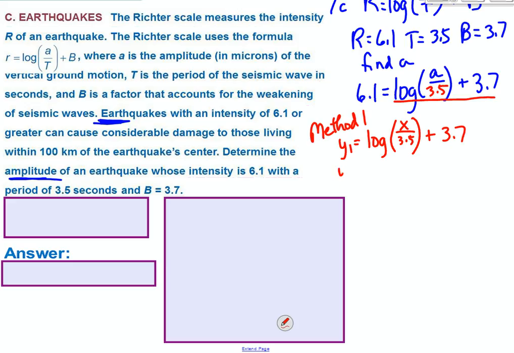In Y2, you can put what that Richter scale intensity is, so in Y2 we can put equals 6.1. That'll give you a horizontal line. And then you can graph that and find the point of intersection.